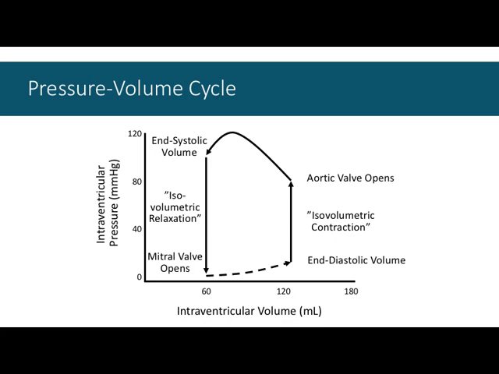And pressure falls until it reaches a point where it establishes a new gradient. If pressure falls to a point lower than the pressure in the atria, the mitral valve opens, blood flow occurs, and the entire cycle continues again. So this typifies one cardiac cycle from the point of view of the left ventricle.